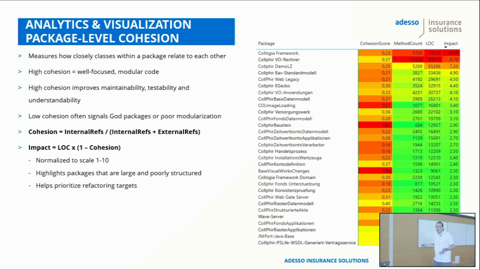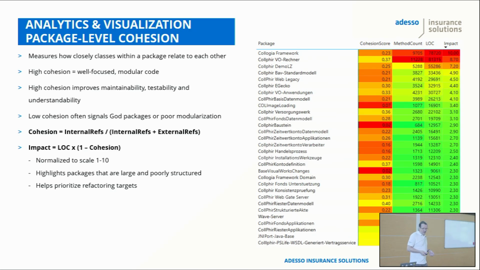But this package might not be that relevant to the overall system because it only has a very small code base. So I created what's called an impact score to relate the cohesion score with the lines of code, so the size of the package.